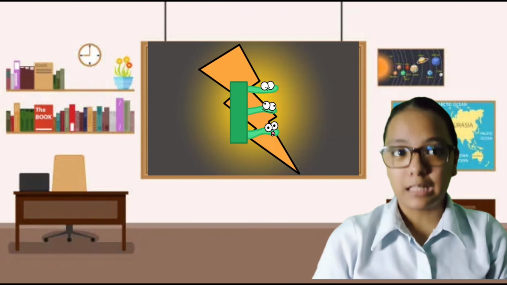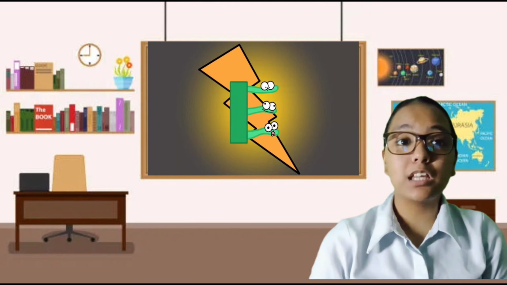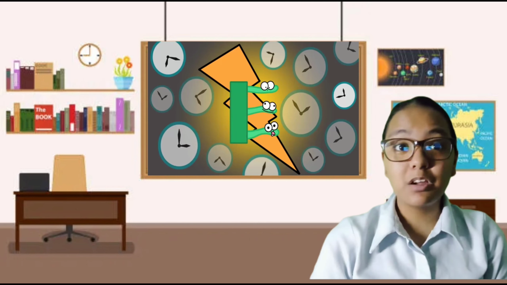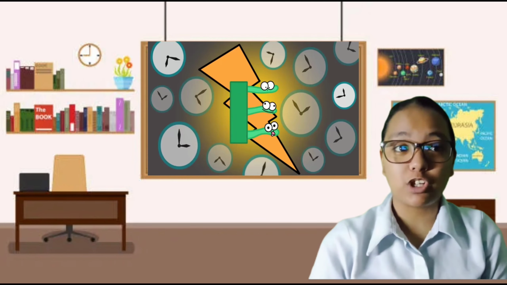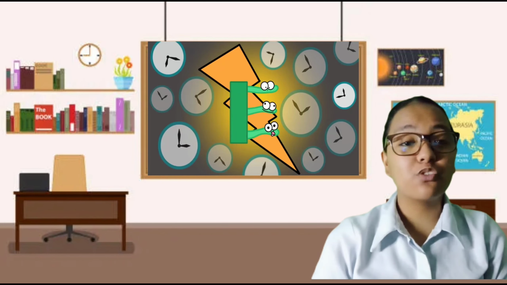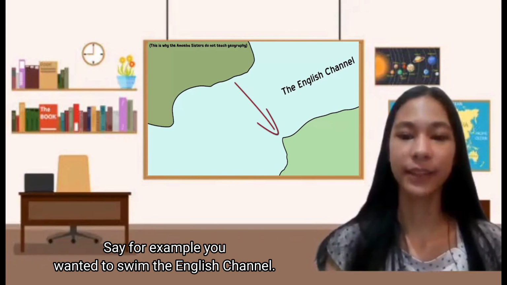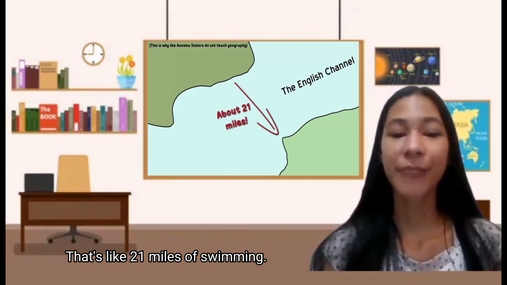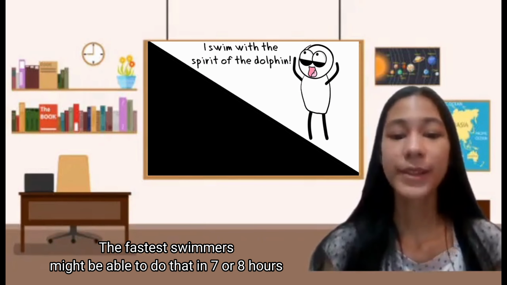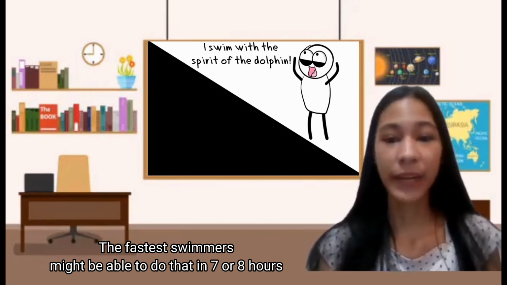Also, you might not think about fats as being related to energy. But fats are a great source of long-term energy. They can store energy for a long time. Say, for example, you wanted to swim the English Channel. That's like 21 miles of swimming. The fastest swimmers might be able to do that in 7 or 8 hours.